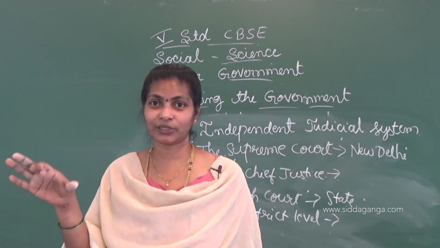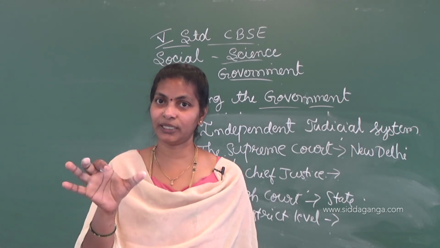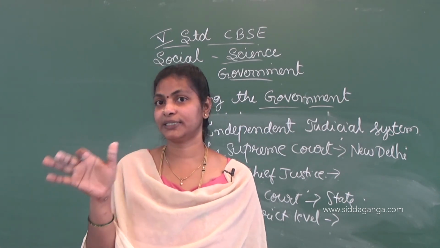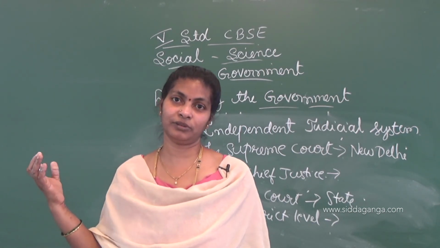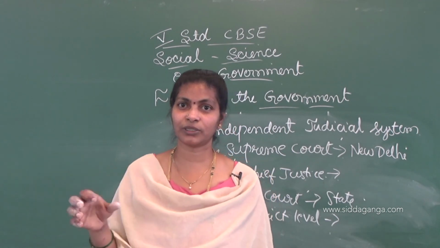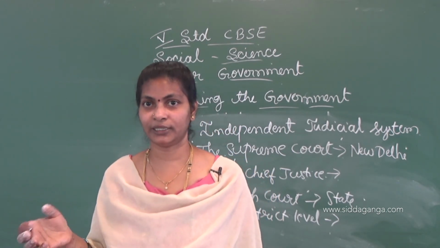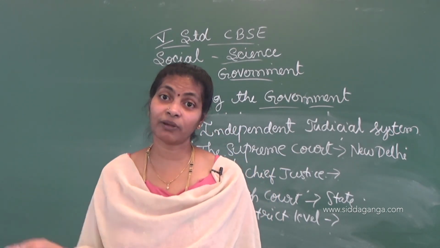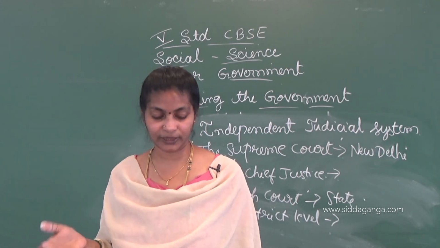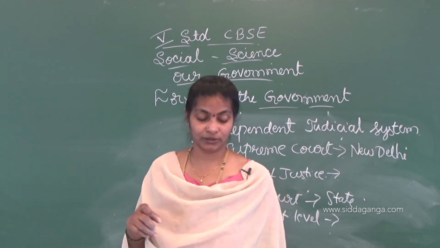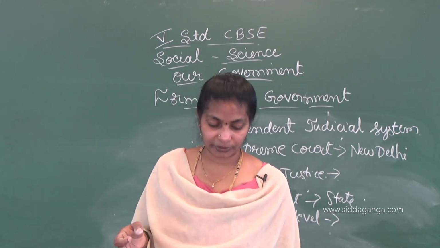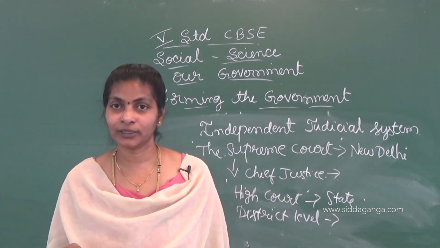They have a good relationship. When the central and the state governments have a good relationship, then only they can easily control the whole of India and also develop the country. The central government is also called the union government.